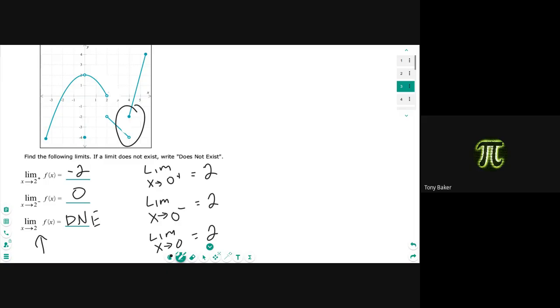Because in a removable discontinuity, I would have said that f of 0 is 2. I would have made that answer correct. As the piecewise function, even though right now it's 4, I would have said it was 2. That would have removed that gap.